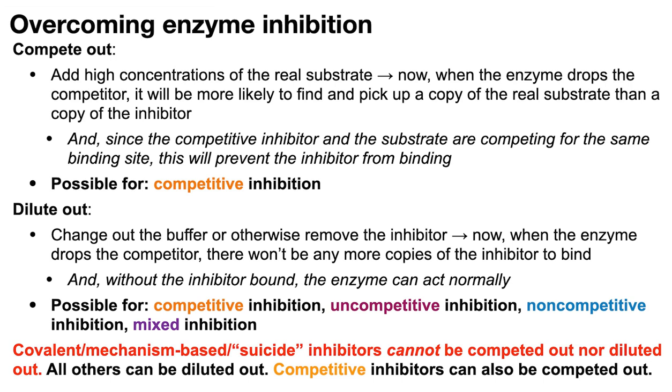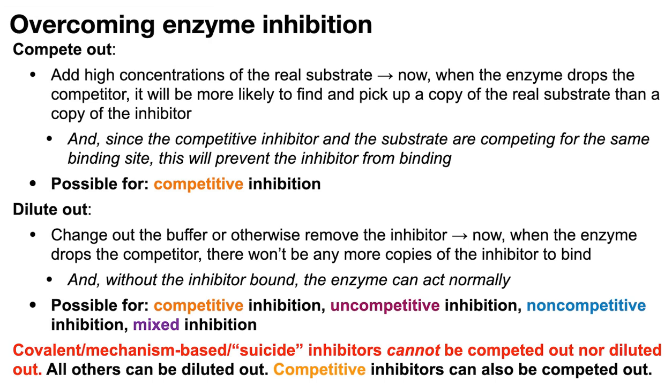But we can dilute them out, which basically means we just wash them out, so that if the enzyme can't find an inhibitor to bind, then it's not going to be bound. You can't compete these out because they're not competing for the same site. So even if you add a bunch more substrate, the substrate binding wasn't the problem. The substrate has plenty of sites to bind, and the inhibitor is not preventing that. If you want to keep the enzyme from binding the inhibitor, you have to make it so that there's less of the inhibitor.